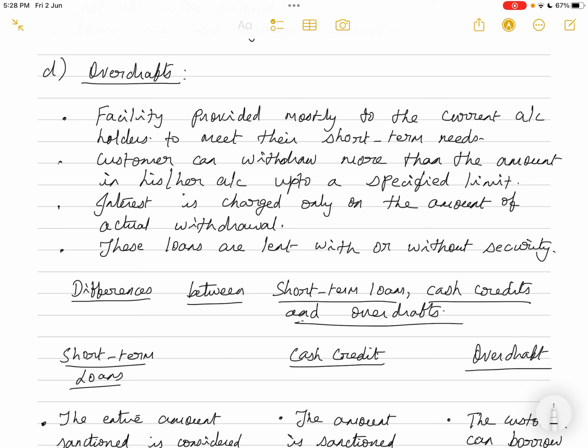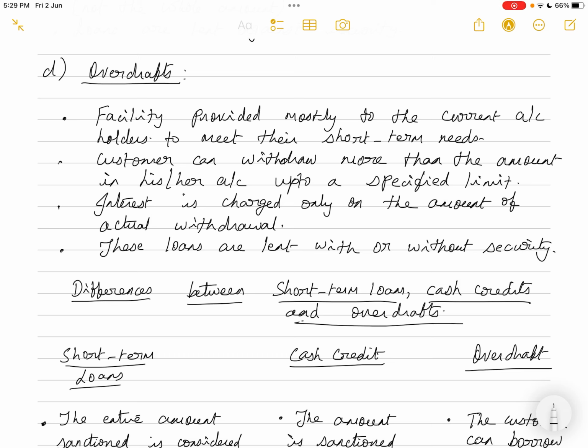See, this is the difference between cash credit and overdraft. In cash credit, the amount is sanctioned and deposited in the customer's account, and the customer can withdraw only up to the balance available. Whereas in the case of overdraft, the customer can withdraw more than the available balance in the account. Here also the interest is charged only on the amount of actual withdrawal.